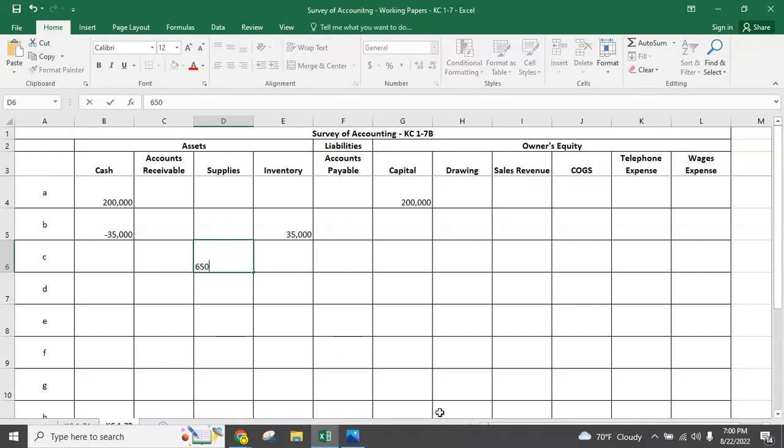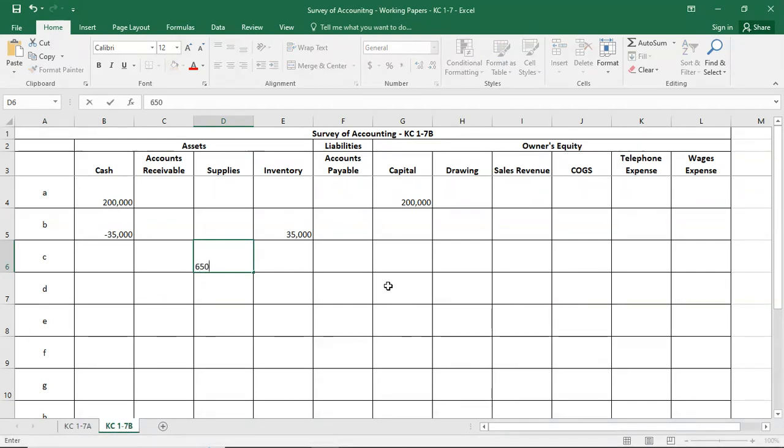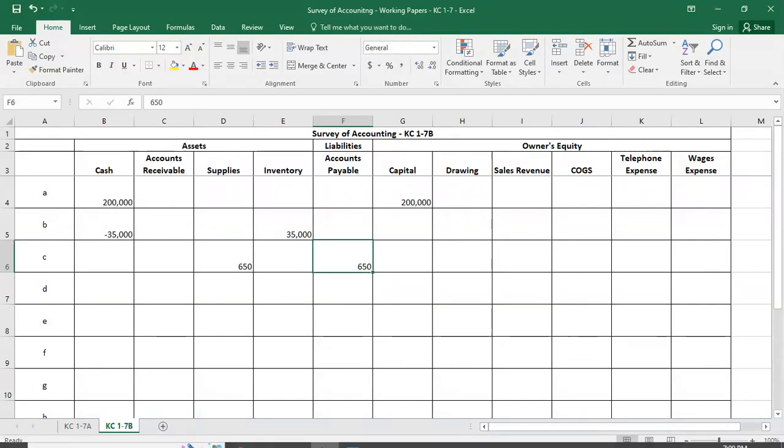We purchase them on account, which means we now owe somebody money. It means we have not paid the bill, we owe them money. And our liabilities is what shows us how much money we owe. So since we put 650 over there, we're going to put 650 on that side as well. So we are increasing our accounts payable account by $650 to show that we now owe that much money.